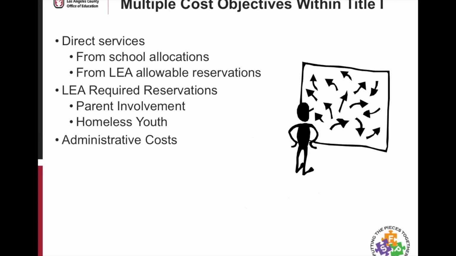But then you have administrative costs. So administrative costs definitely are a separate cost objective. Your parent involvement needs to be tracked. That's a separate cost objective. So your reservations need to be tracked. So you can see Title I has a lot of pieces to it, which is why you have to be careful with determining what cost objective you're looking at.